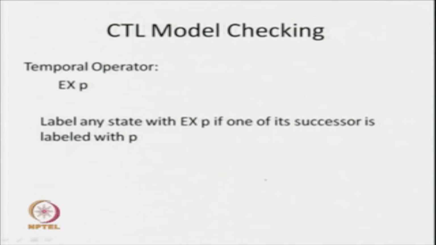In case of E X P, P is a sub formula. First, we know the labeling of this particular P. If we know this, then we can go for the given formula. So, label any state with E X P if one of its successors is labeled with P. Okay, just select one example.